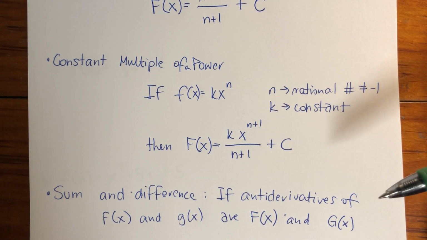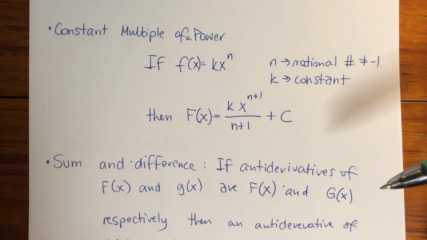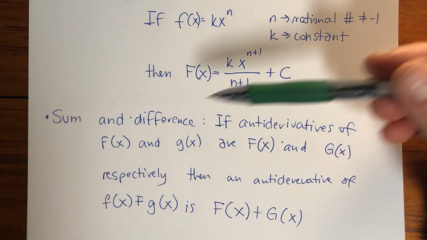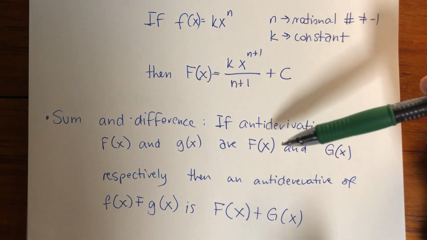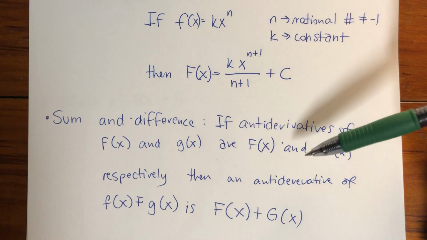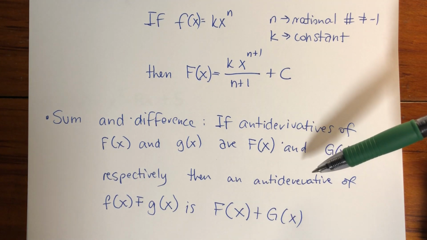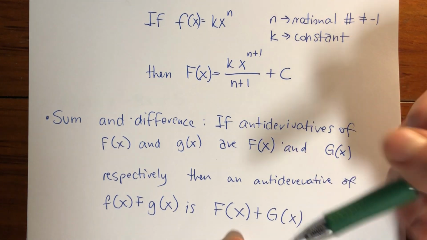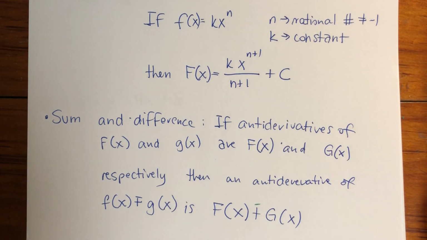And then the last rule, for a sum and difference: if antiderivatives of f of x and g of x are F of x and G of x respectively, then the antiderivative of the sum or difference is the sum or difference of the antiderivatives.